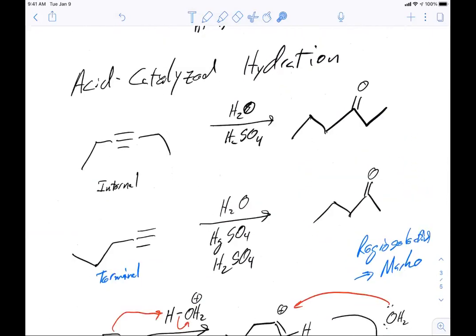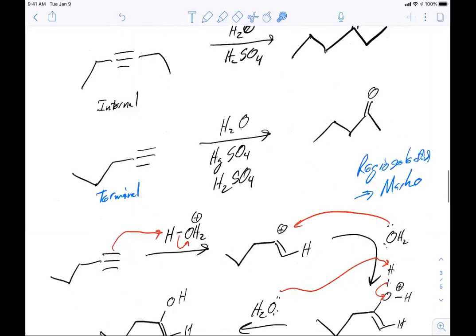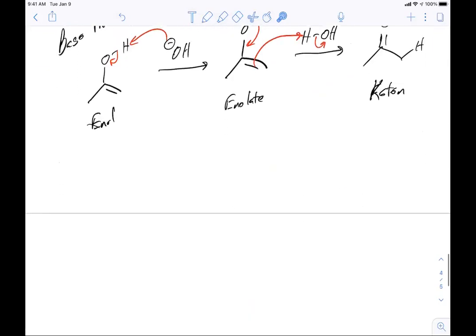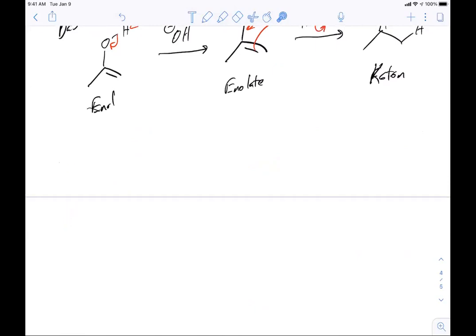Okay, so we had acid catalyzed hydration of alkenes. We also had hydroboration oxidation with alkenes. So we are going to have hydroboration oxidation with alkynes. So let's look at that one. So again, most of the time we're going to be mimicking the two reactions.